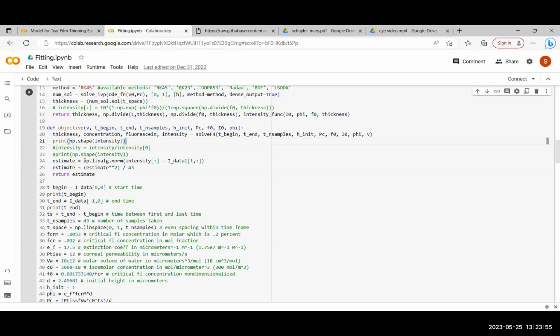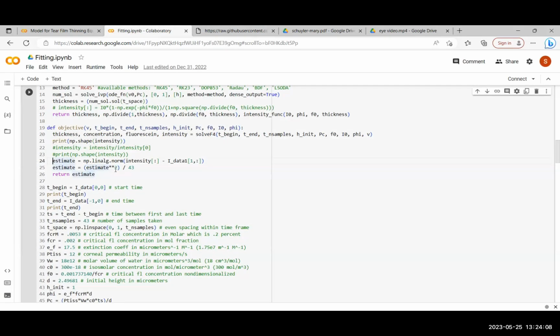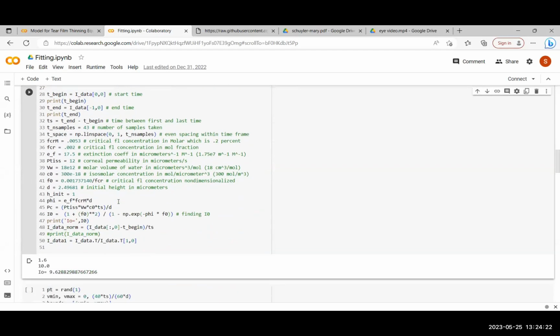And then we use the intensity data to take the Euclidean norm on this line 24 here. So we take the Euclidean norm with the set of data that we started with, so this one here. And then we take that and we square it and divide it by 43, which is the number of samples we had. And then that squared divided by 43 is what we actually return. So that's what we're trying to minimize. So it's sort of like a least squares regression.